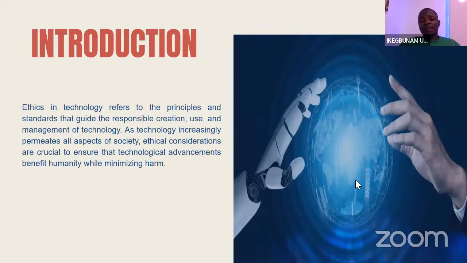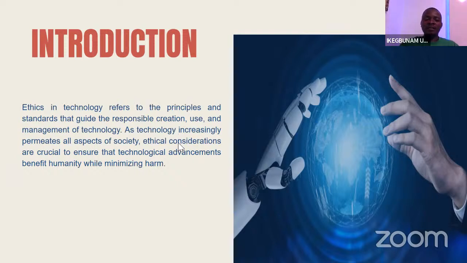So when we're talking about ethics in technology, this refers basically to the principles, the standards, and the responsible creation methods and usability approach that we have to follow to use technology effectively so that it will favor both the poor, the less privileged, and gender equality. So this has to do with the responsible creation, usage, and management of technology.